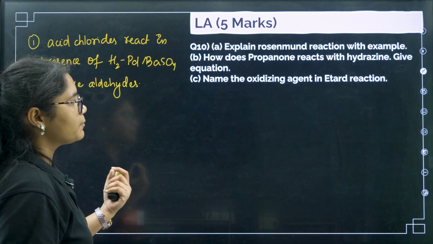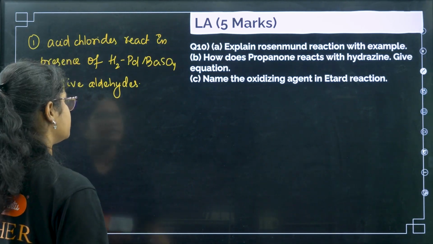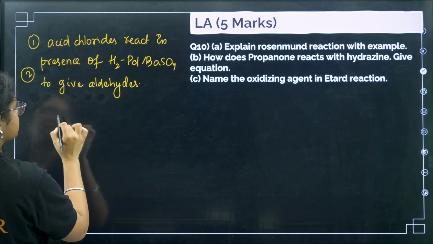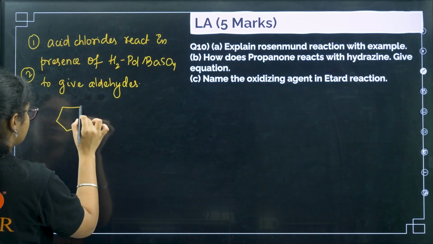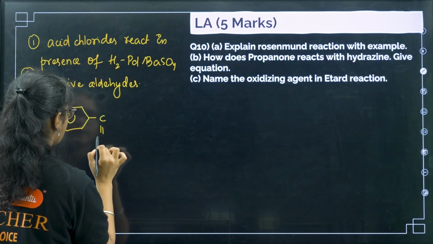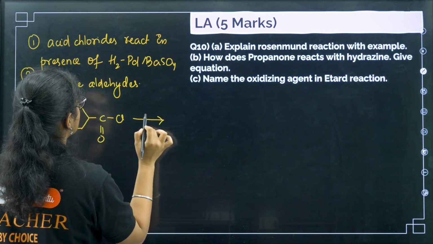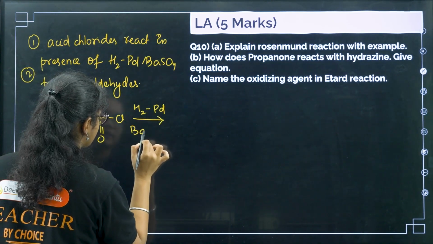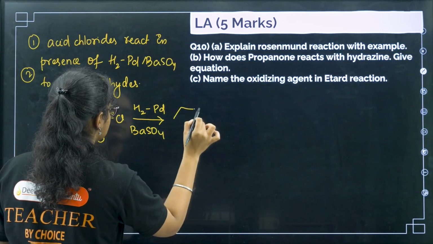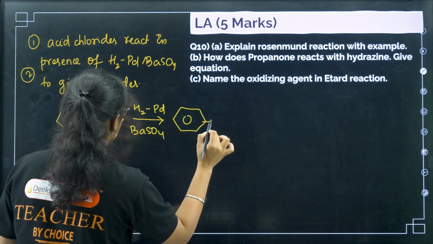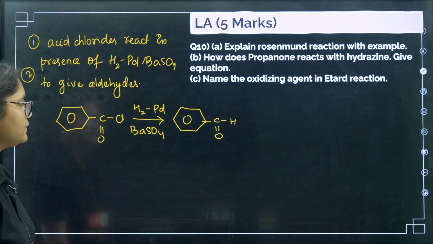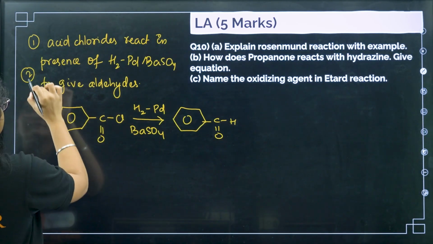You need to also write the equation. So we can take any benzoyl chloride, then react it with hydrogen, palladium and barium sulfate to give you C double bond O H. That is done. This carries 2 marks.